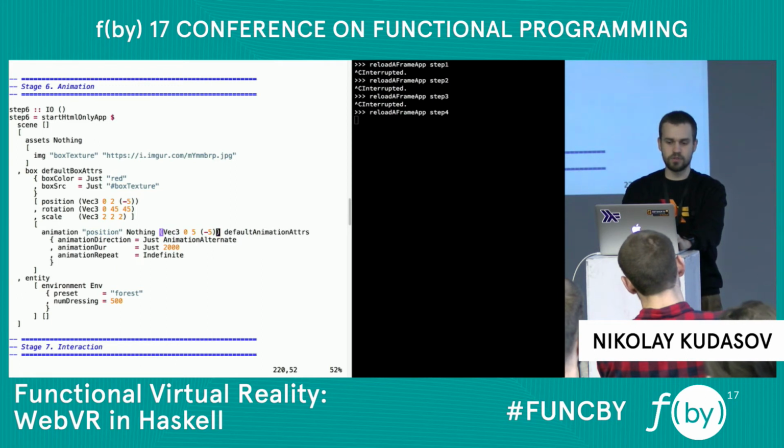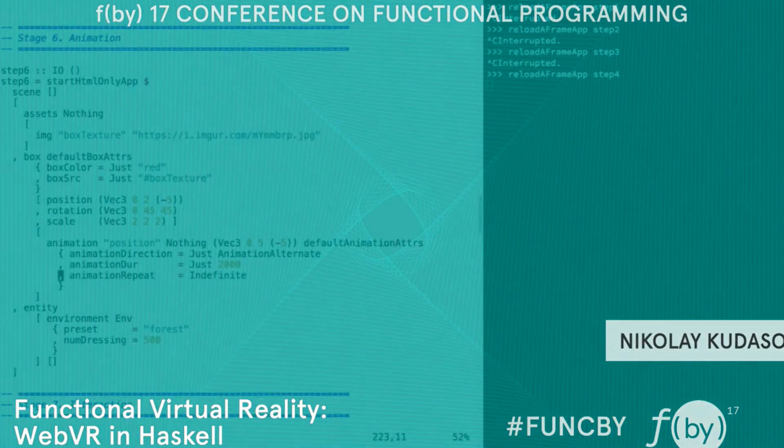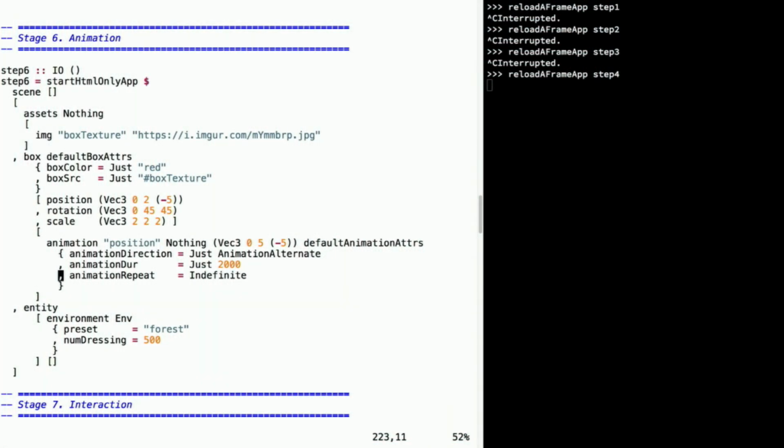So it's going to go up a bit. And then we have some animation attributes, which are also typed, and you can look up what the type is and what arguments are there, and the type system will prevent you from doing the wrong thing and from typos and other things.